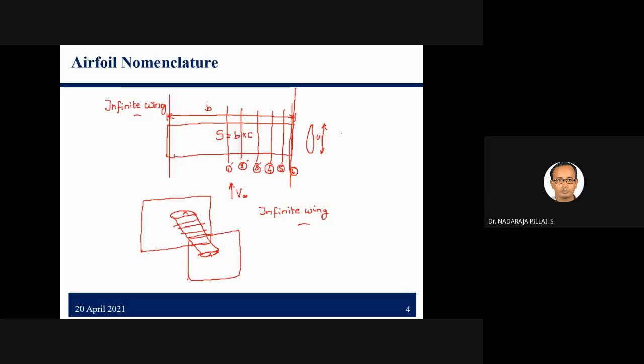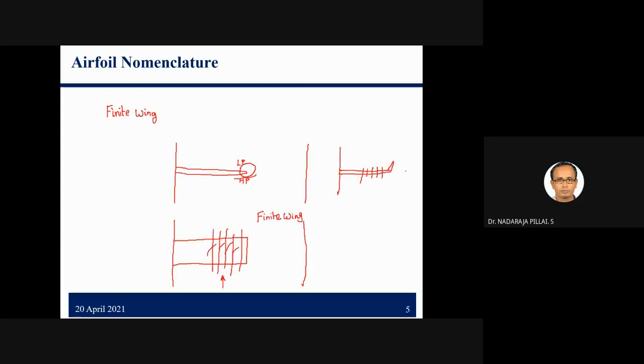In an infinite wing, you have a flow, and one can say that the flow is there in the x and y direction, and hence flow over an infinite wing is 2-dimensional. Now, in the case of a finite wing, I said there is a flow in the 3rd dimension also. So flow over a finite wing is 3-dimensional.